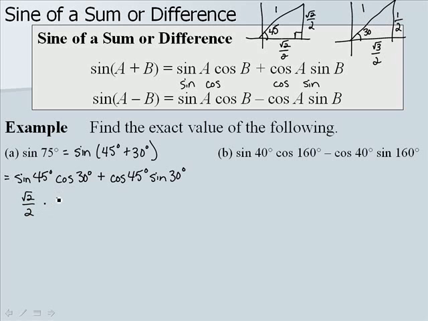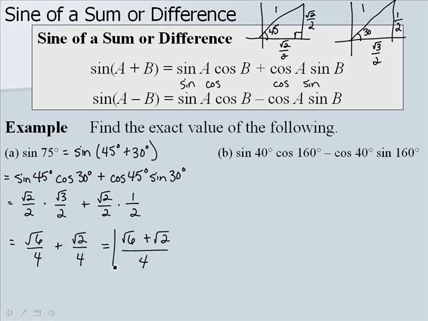Cosine of 30 is square root of 3 over 2. Plus cosine of 45, which is square root of 2 over 2, times sine of 30, which is 1/2. So we have the square root of 6 over 4 plus the square root of 2 over 4. And so we get the square root of 6 plus the square root of 2, over 4.